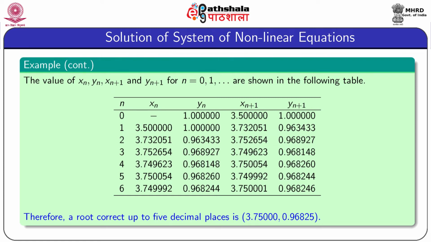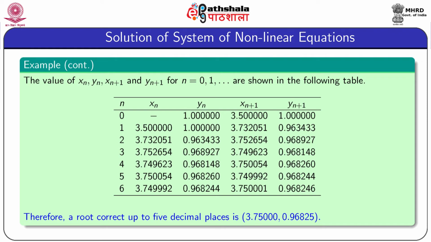Therefore, a root correct up to 5 decimal places obtained by the Seidel iteration scheme is (3.75000, 0.96825). So, this is the root correct up to 5 decimal places, and the number of iterations used in the Seidel method is 6, and the number of iterations used in the fixed point iteration method is 11.